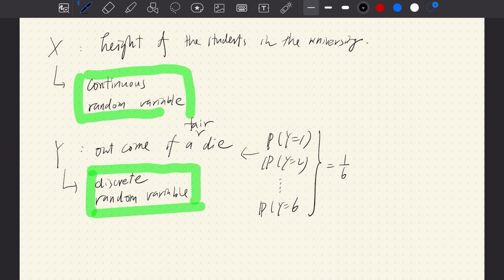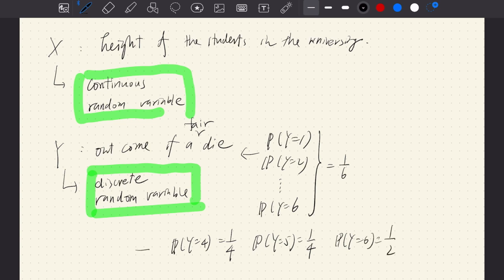Okay, and suppose that you're not rolling a fair die. For example, the die is not fair, such that there is a 1/4 probability of it being 4, a 1/4 probability of it being 5, and a 1/2 probability of it being 6.